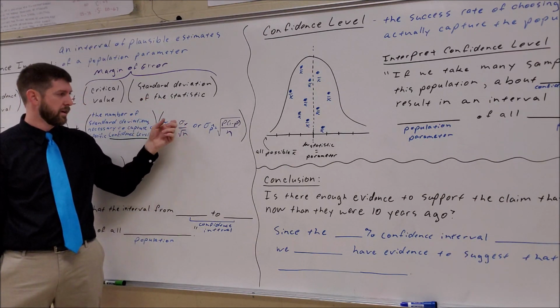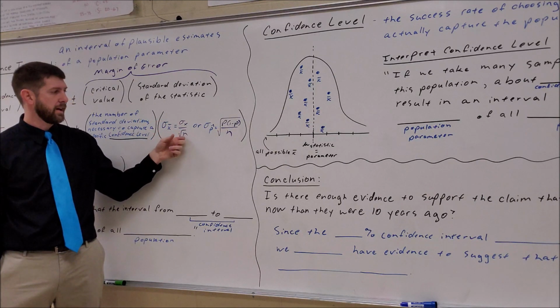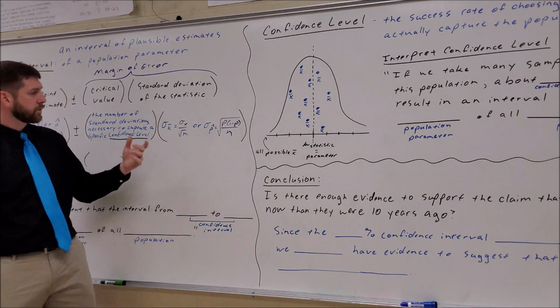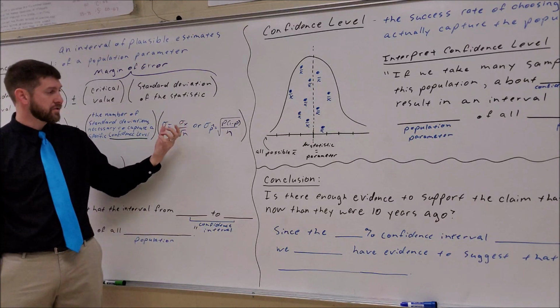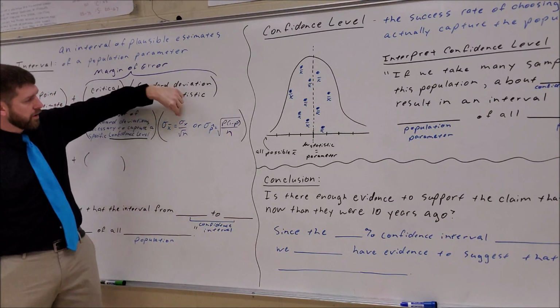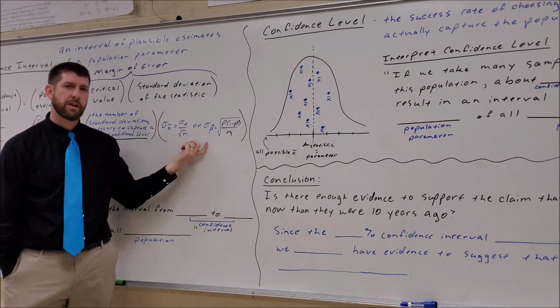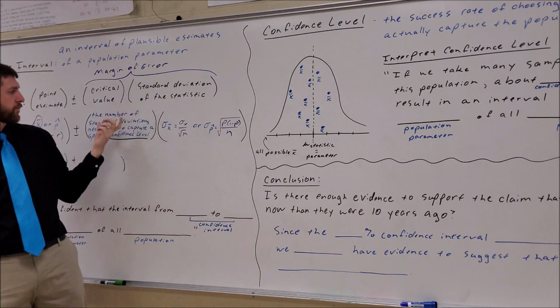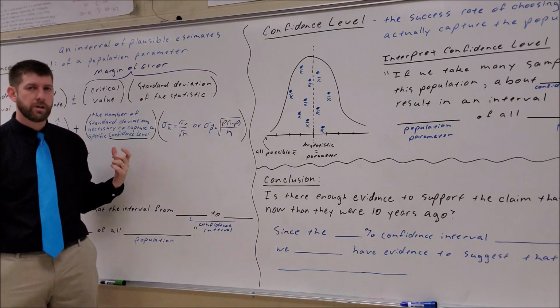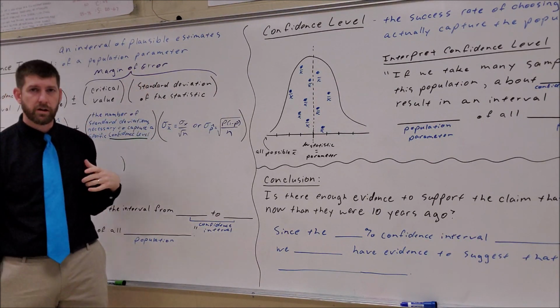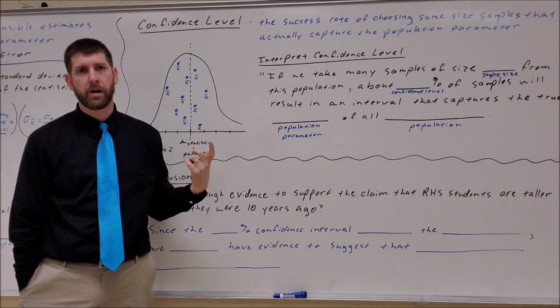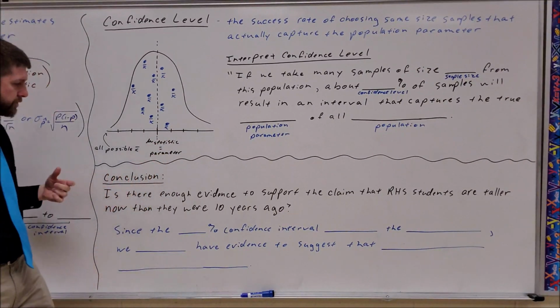That's based off of population and sample size, so it has nothing to do with what our actual sample produced. So if we take all samples of the exact same size from the same population, they should have the same standard deviation, no matter what our sample results were. And if we're looking for the same success rate in all of them, then you should get that same margin of error. So I should get the same width on my confidence interval.